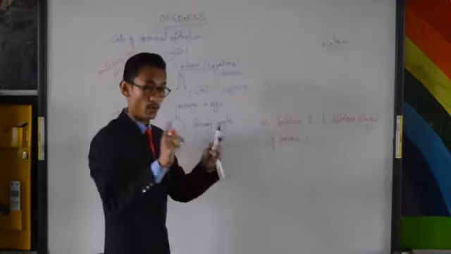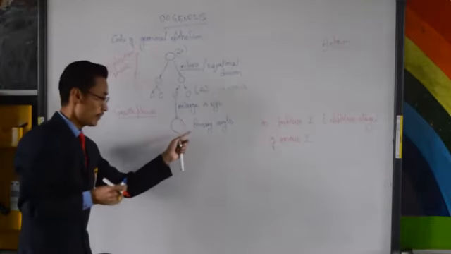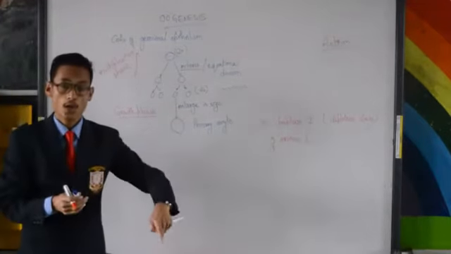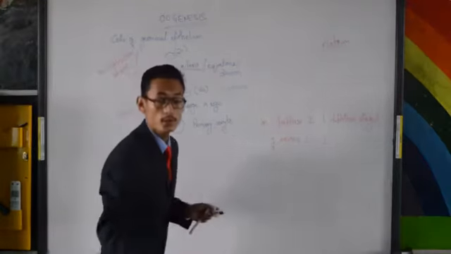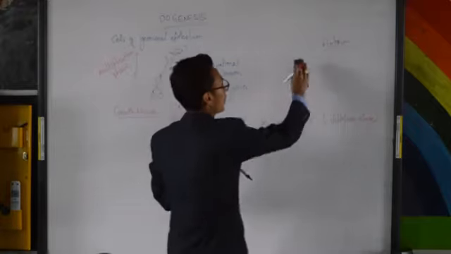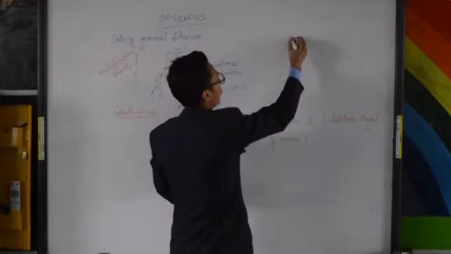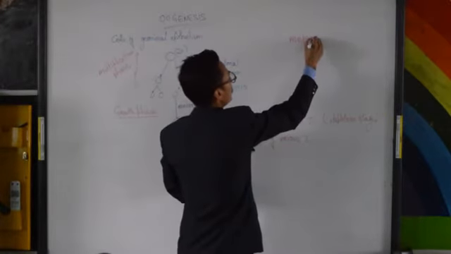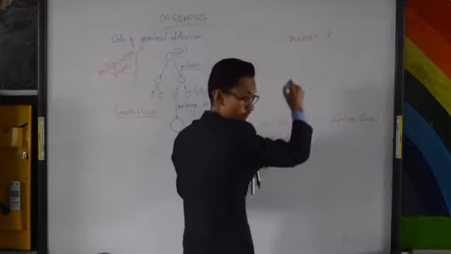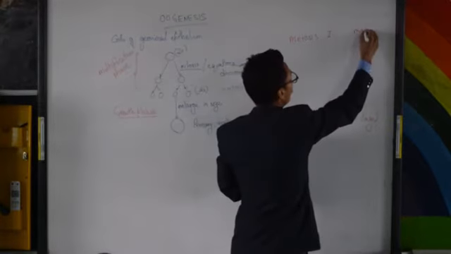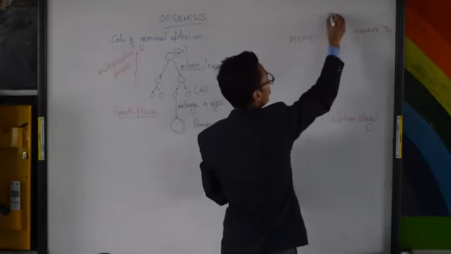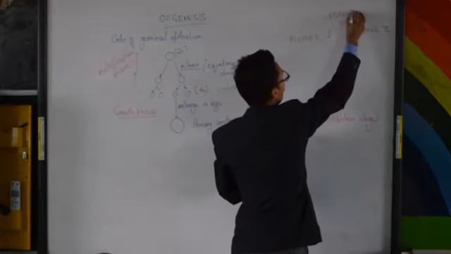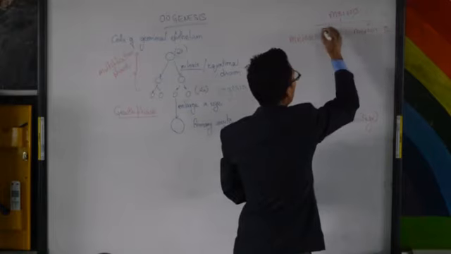One more time. This primary oocyte has to undergo meiosis cell division. There are two phases of meiosis: meiosis 1, alright, and meiosis 2. These are the two phases of meiosis cell division.